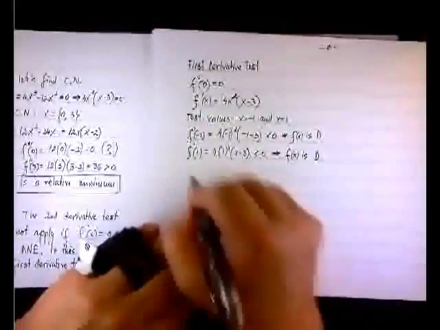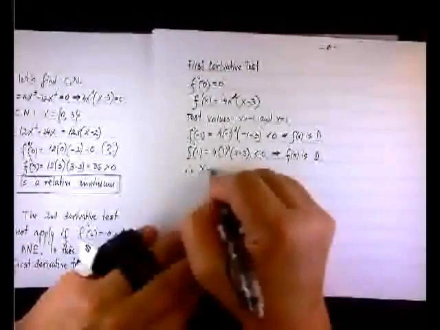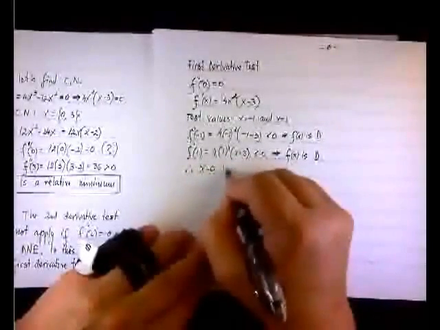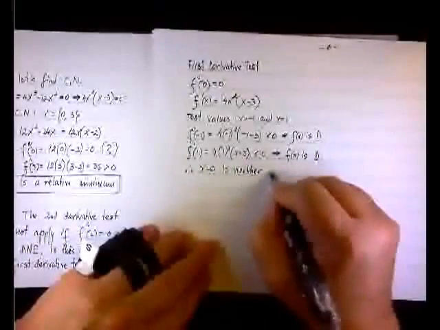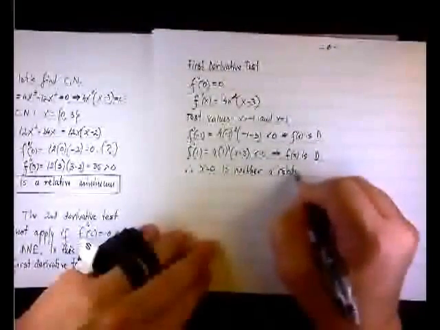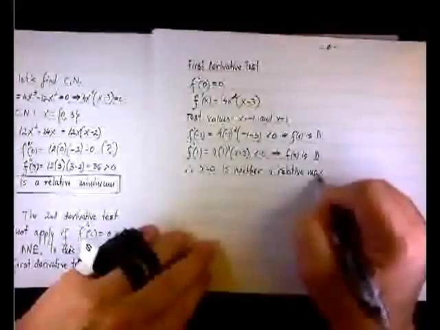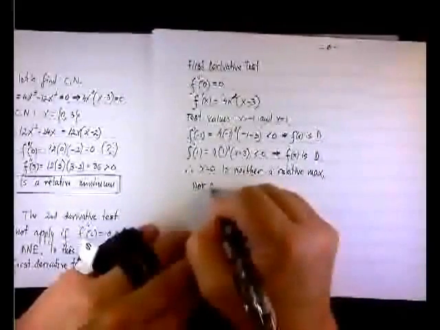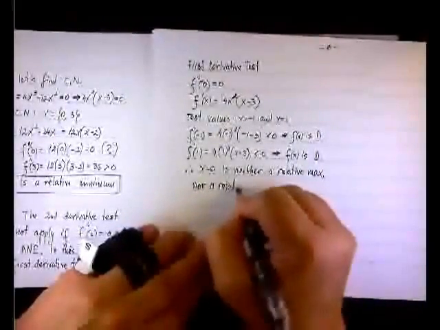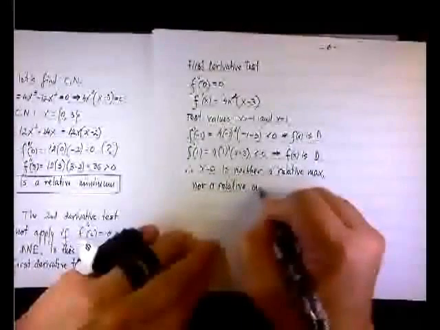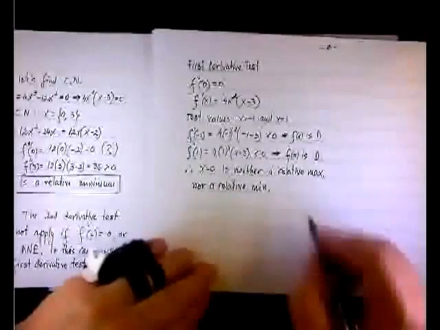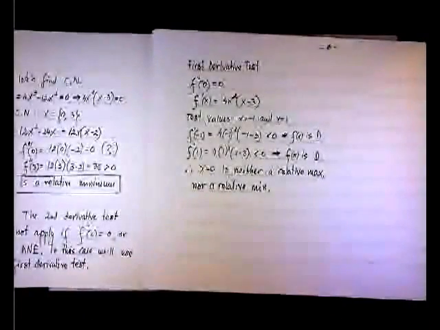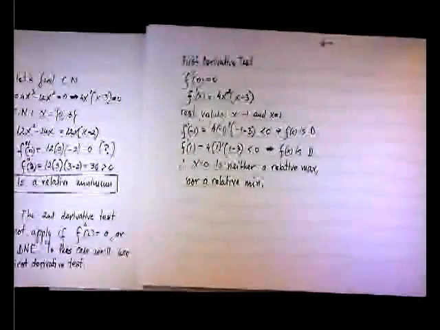So it turns out that the conclusion is x equals 0 is neither a relative max nor a relative min. Okay? So the only conclusion is that we have a relative minimum at x equals 3.